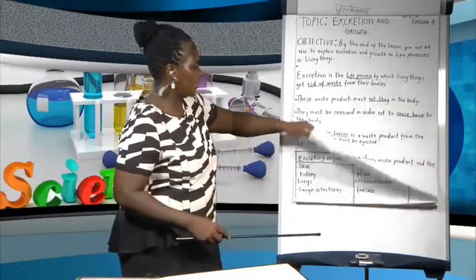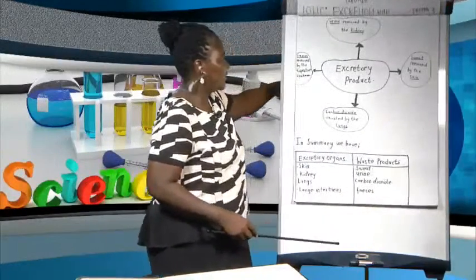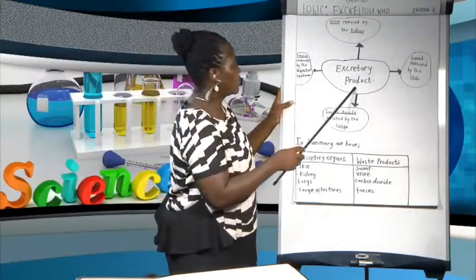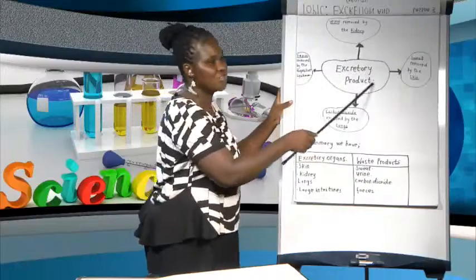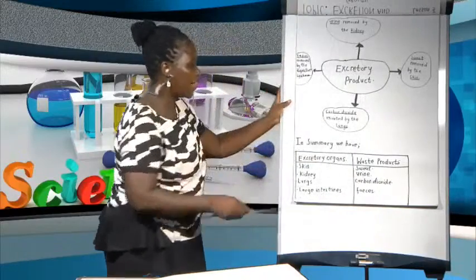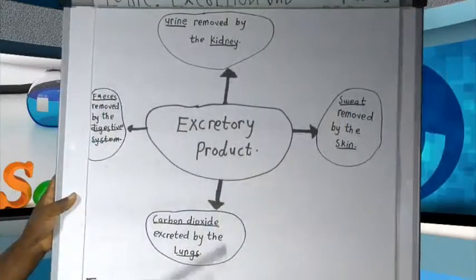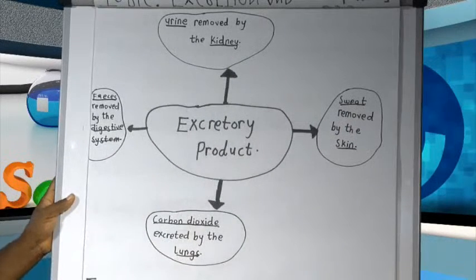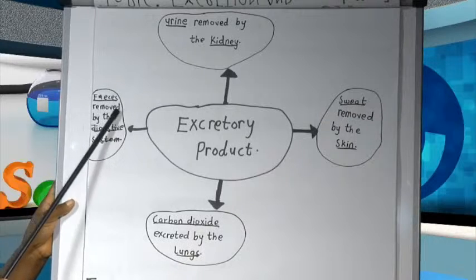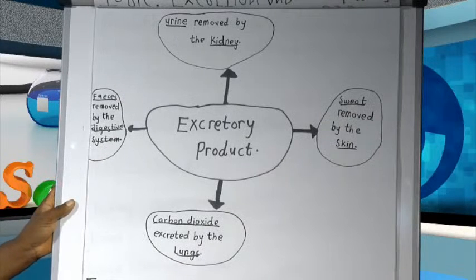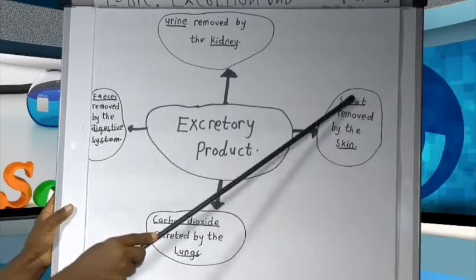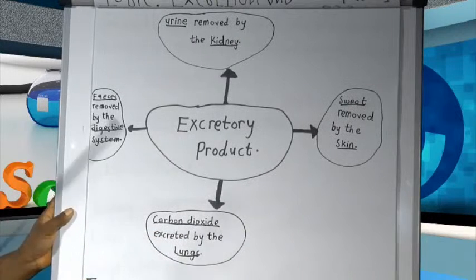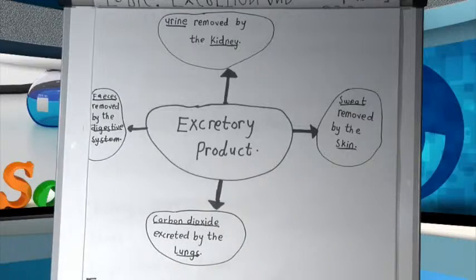So we have a diagram that shows our excretory products and the organs that do that. So we have urine removed by the kidney, feces removed by the digestive system, sweat removed by the skin, and carbon dioxide.